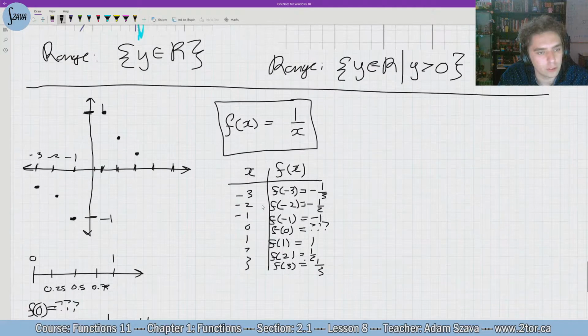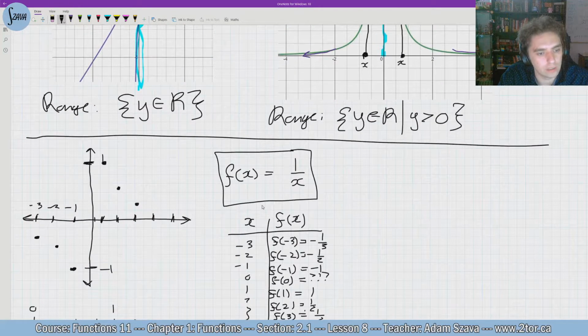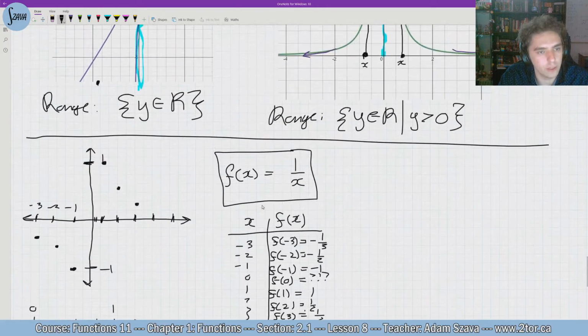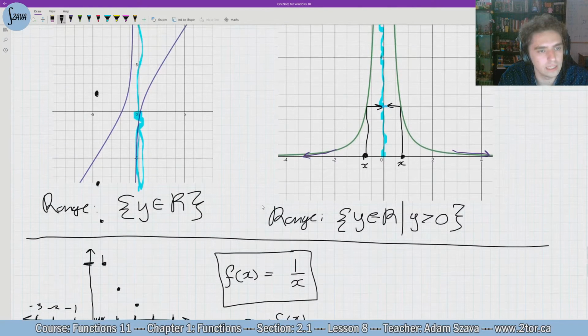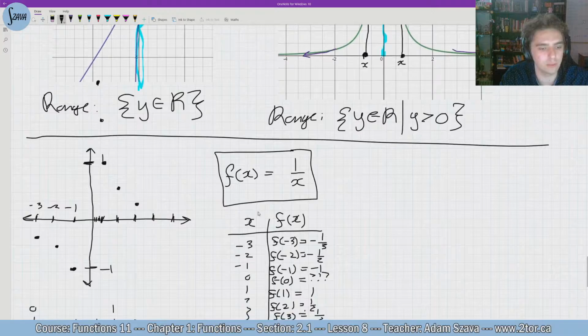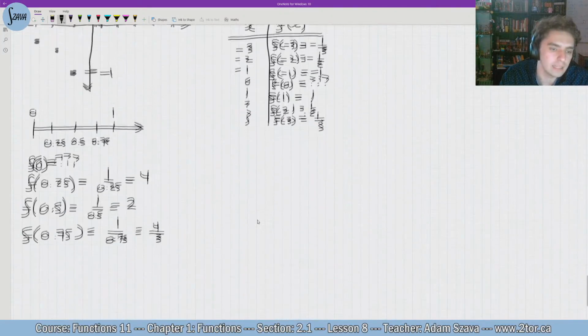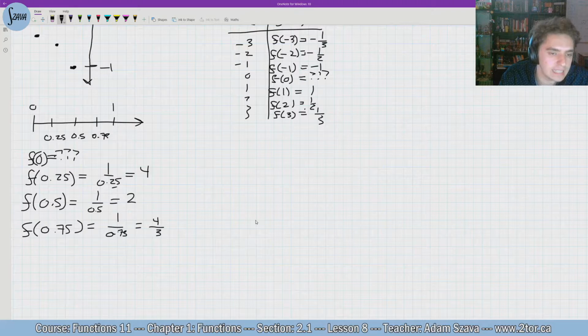F of 0.5 was 2, so that would be about right there. F of 0.75 was 4/3, so that would be maybe something like right there. We go like that, and you can see we shoot up really quickly after we go less than 1, because we're dividing by a decimal number.